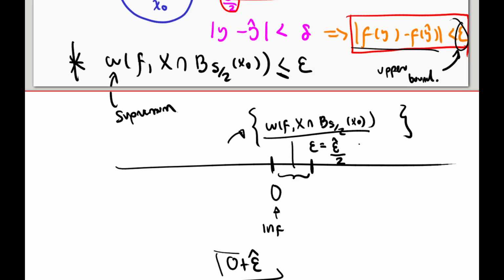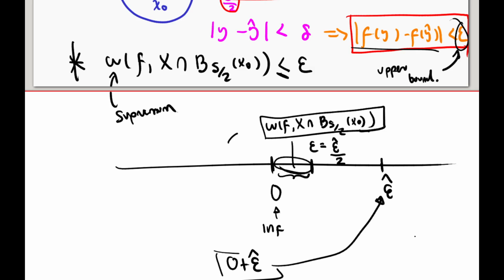Since we showed that there is a value here that is in this interval and epsilon hat is here, then this epsilon hat is not a lower bound. Then it follows that 0 is the biggest lower bound there could be, and that is the definition of infimum.